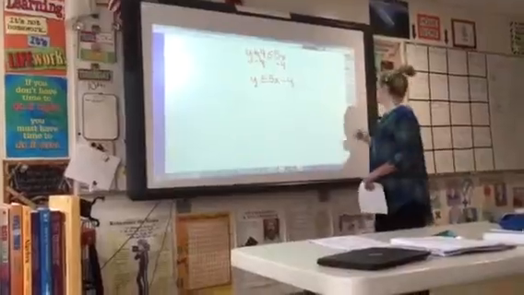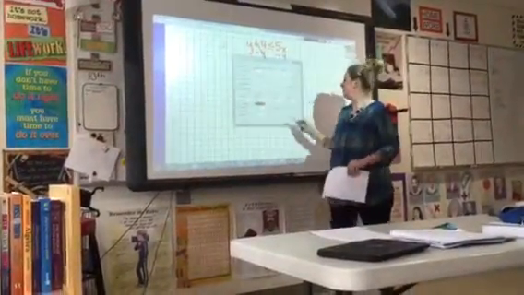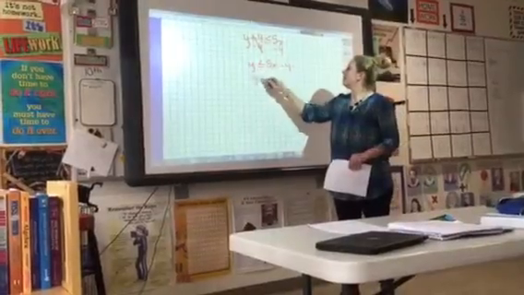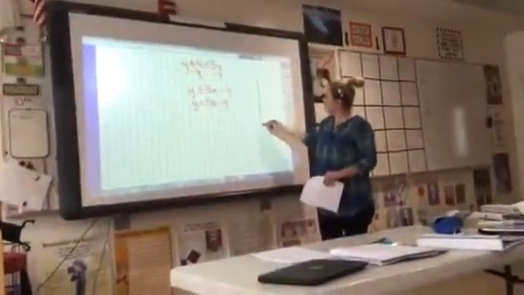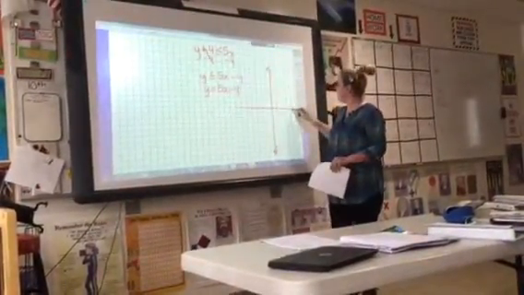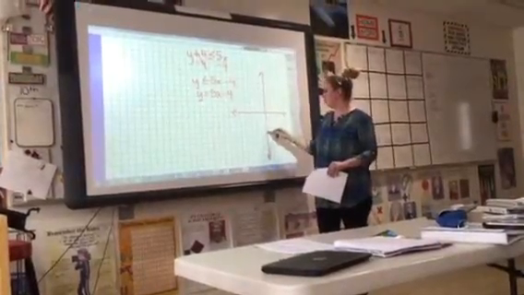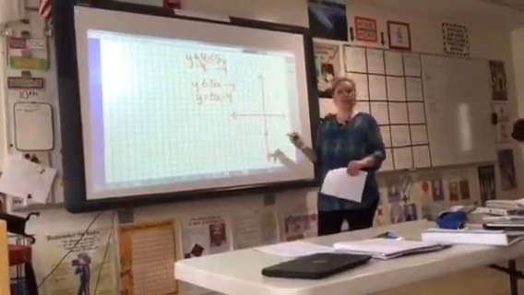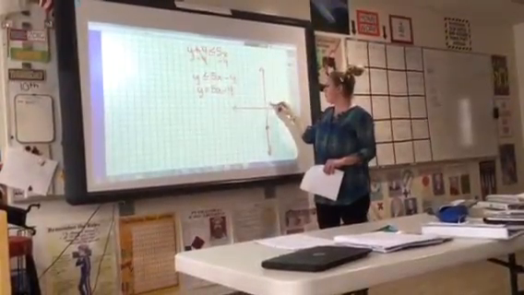So we need to graph this as y equals 5x minus 4. That tells me to start at negative 4 on my y-axis. So 1, 2, 3, 4. And then how do we continue? Thank you, Yasmin. 1, 2, 3, 4, 5. Up 1.